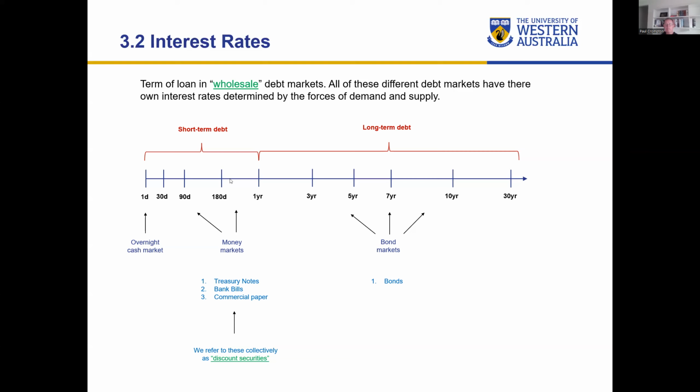Some of that money will be borrowed by the ANZ in these short-term debt markets, and the rest of the money will be borrowed by the ANZ in these long-term debt markets. I'll show you exactly how that works later on. Not in this lecture, a little bit further down the track in the course.